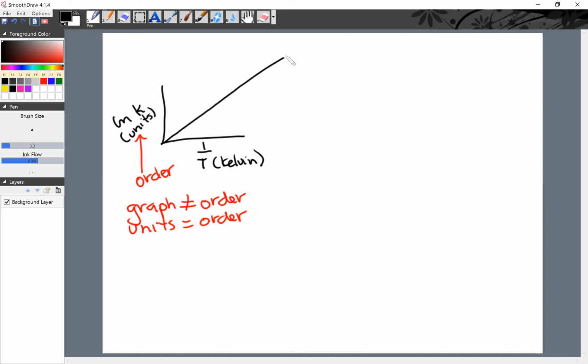If that's true, then we know that the slope is equal to the negative activation energy over the gas constant. Now, this gas constant needs to be in energy units. So that is 8.314 joules per Kelvin mole.